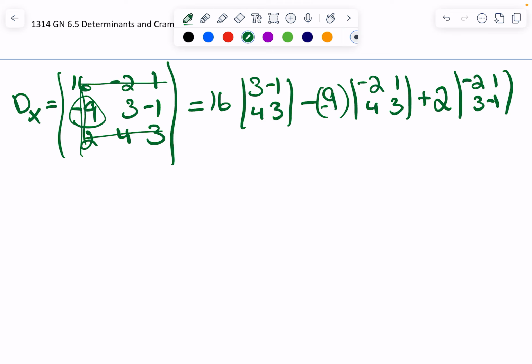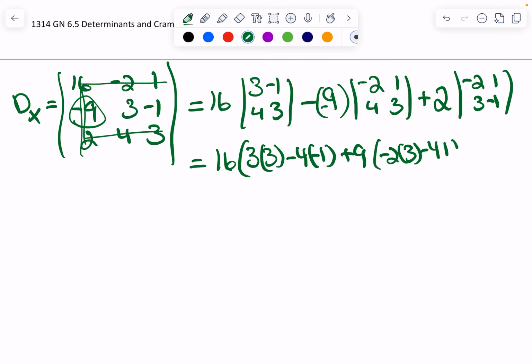Okay, and then setting up 3 times 3 minus 4 times negative 1 plus 9, because there's two negatives, negative 2 times 3 minus 4 times 1 plus 2, negative 2 times negative 1 minus 3 times 1. Okay, and when we do this calculation, we get 116. So this is D of x.